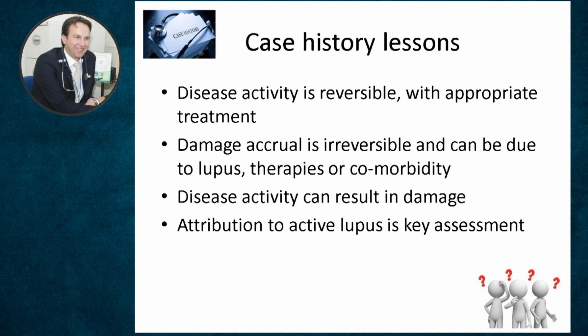It's worth highlighting again that disease activity will result in damage if it's not treated, and that all lupus manifestations and patients with symptomatic lupus need to have a series of assessments in order to correctly attribute the mechanism of that symptom.